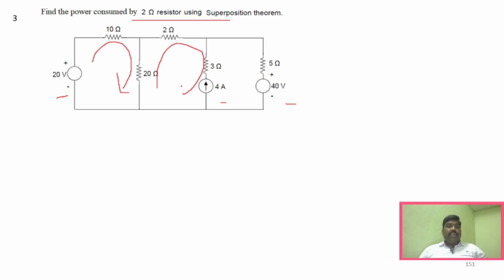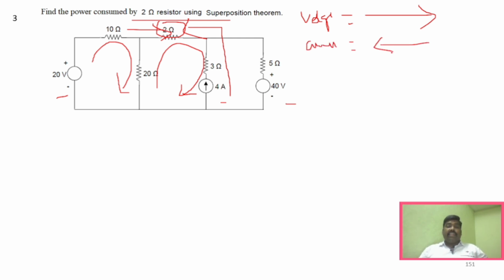Here it is the 2 ohm resistor. According to this resistor, for the first voltage source, the current flows in this direction, across this way. Whereas if you take this current source, the current flows like this, so for the current source the direction of current is this side.